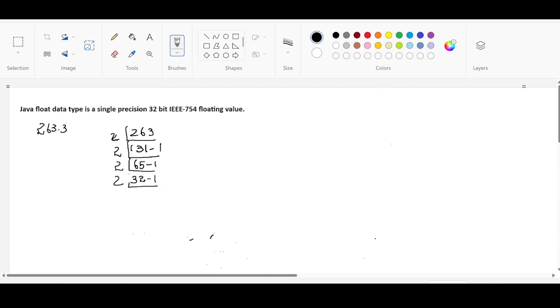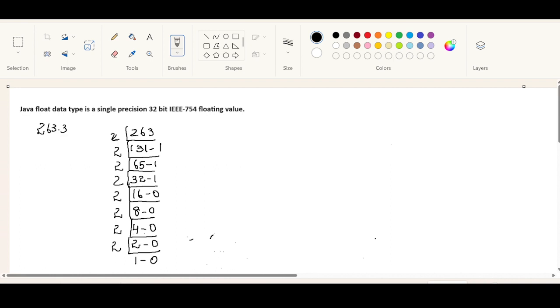Keep dividing it by 2: 16, remainder 0. 8, remainder 0. 4, 2, and at last 1, remainder 0.